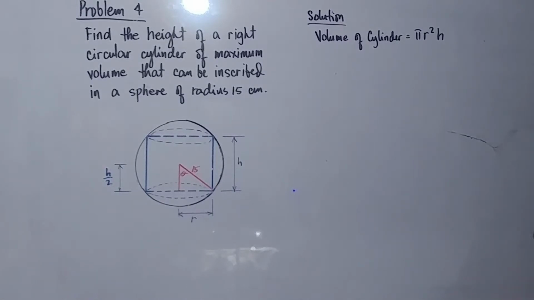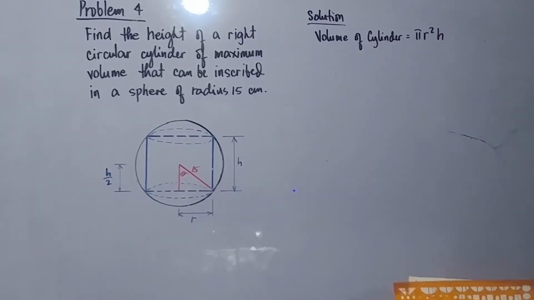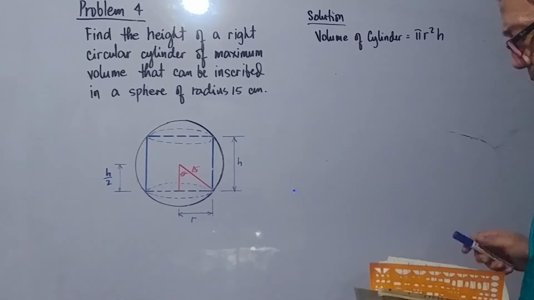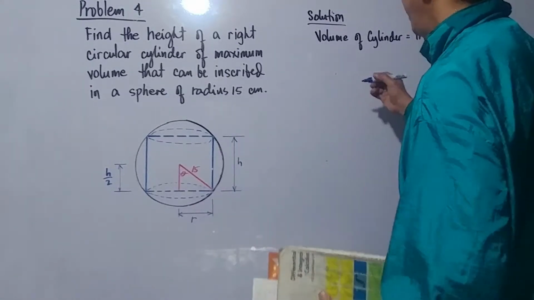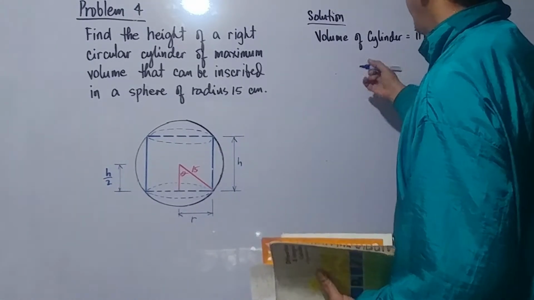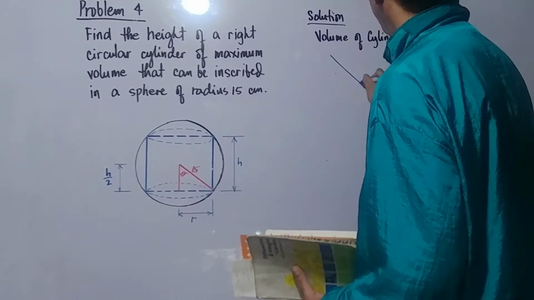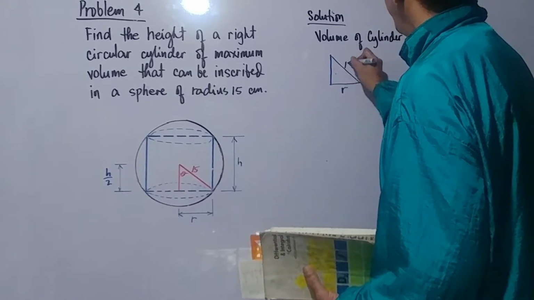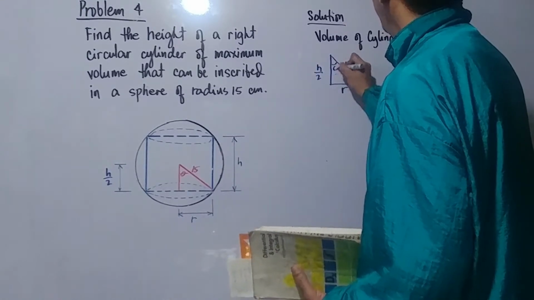So, with that, we can now manipulate our variables. Here, we have R equals 15, h over 2, and theta.